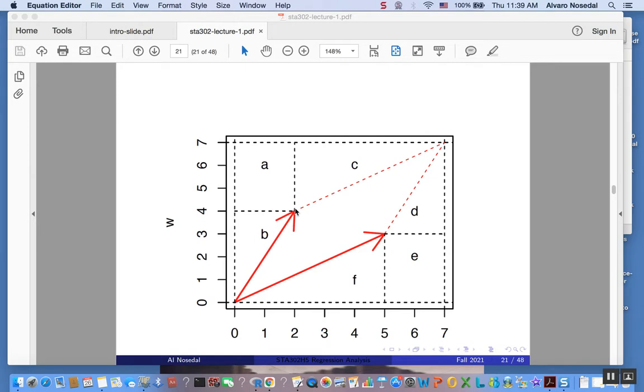Now, as I was saying, let's try and find the area of the region defined by these two red arrows and these two red dashed lines.